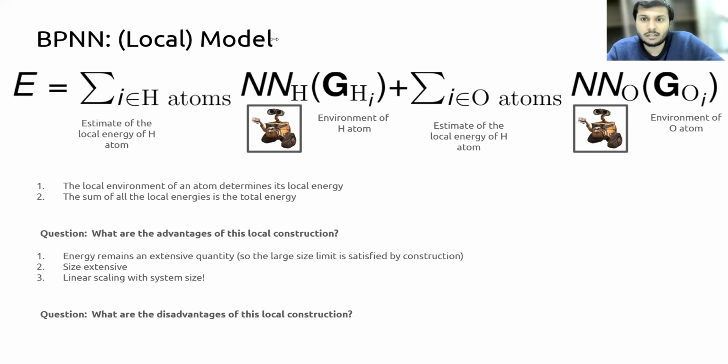So the Bell-Pinello scheme uses one of the simplest neural networks. It's basically an artificial neural network which has 2 to 3 hidden layers in practice. So it's really the simplest neural network that you could use. Yes. There are other models like SchNet, which uses a convolutional graph neural network. Then DeepMD uses a number of layers of convolutional neural networks, and so on.